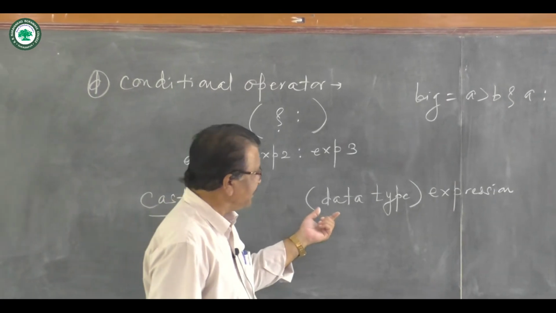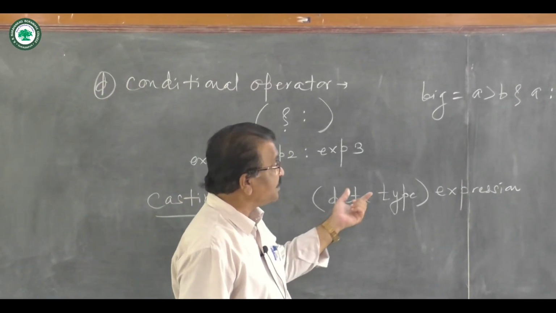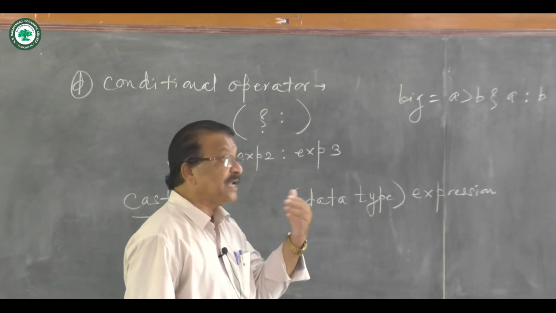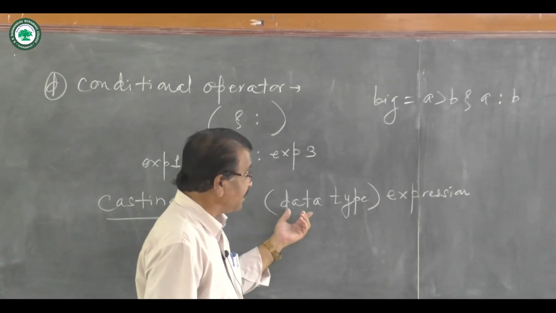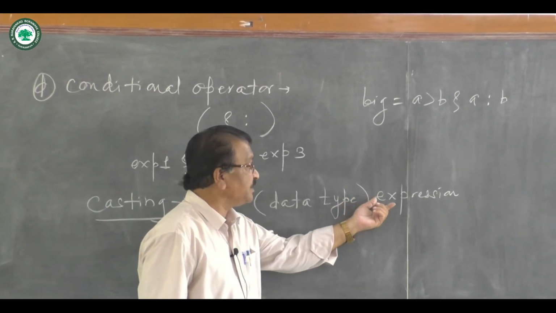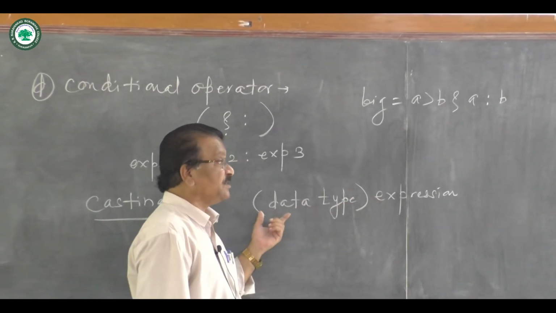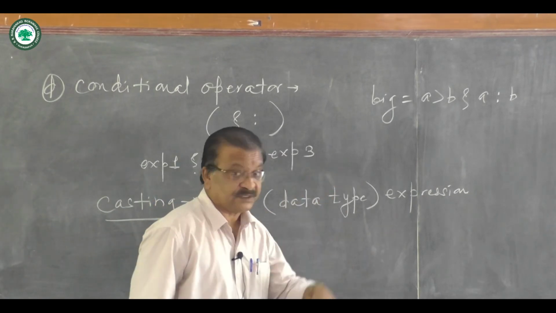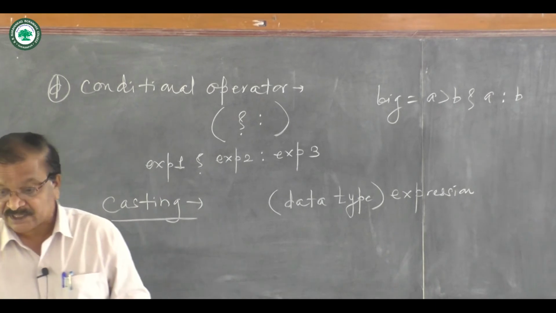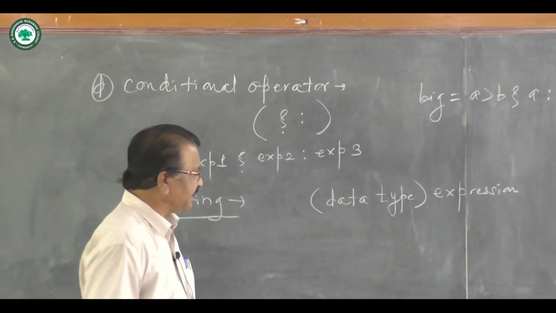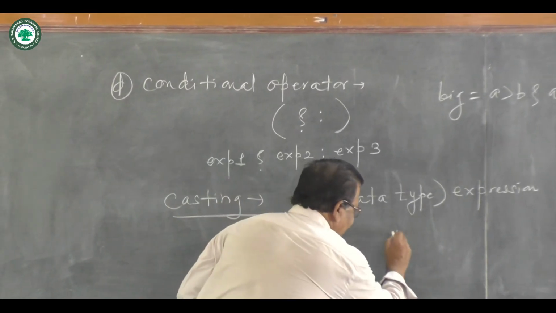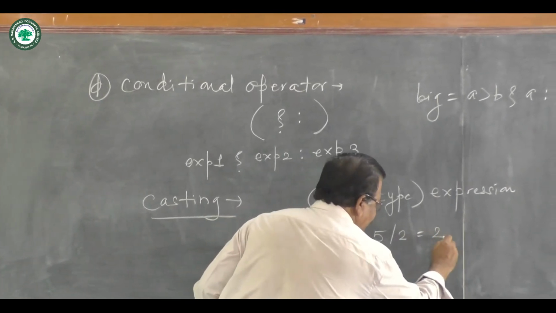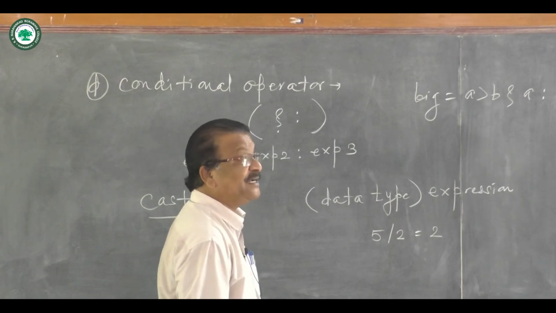What happens here is that it is the value of the expression that undergoes type conversion. Actually, the data type associated with the expression is not changed by casting or typecast. It is the value that undergoes this change or conversion. Here is an example. 5 divided by 2, the answer is integer 2.